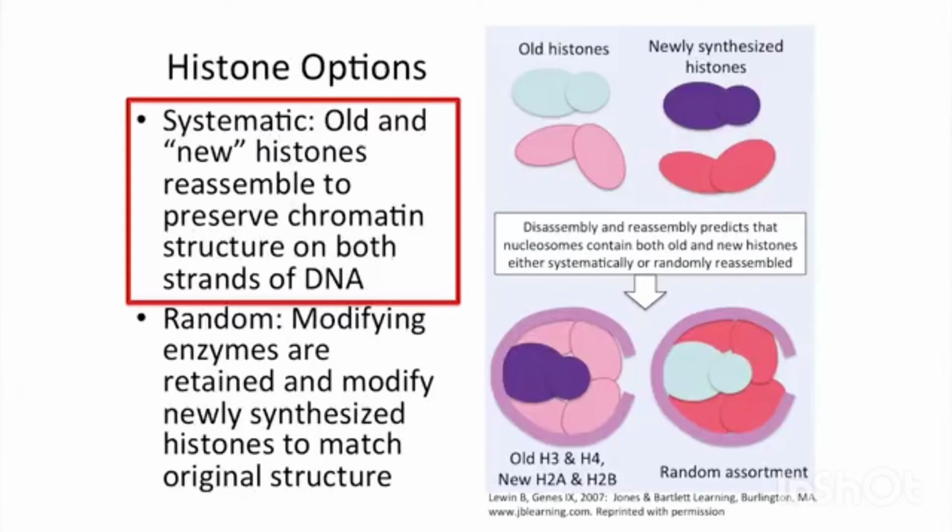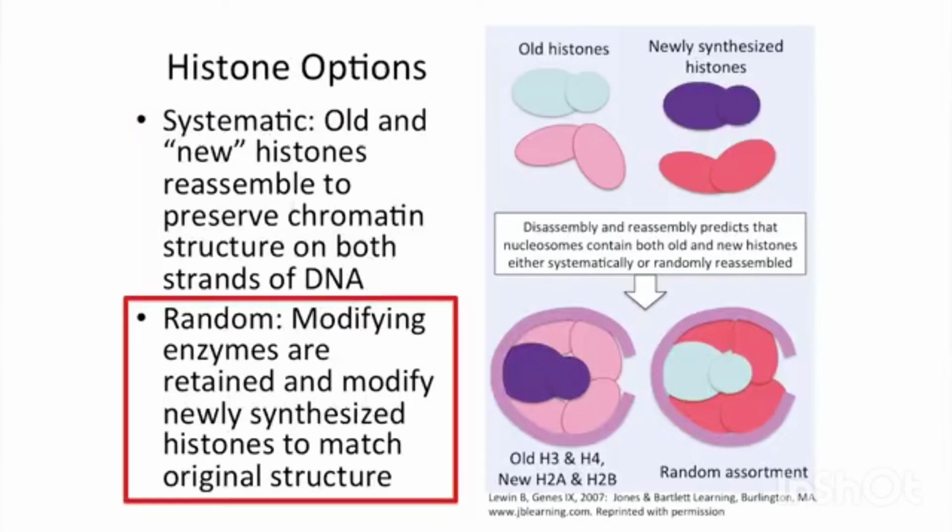The systematic way of describing this is that old and new histones reassemble in a way that preserves chromatin structure on both strands of the DNA with a little help from modifying enzymes. There's a newer idea that it is the modifying enzymes that are retained with the DNA, and they modify the newly synthesized histones to match the original pattern.